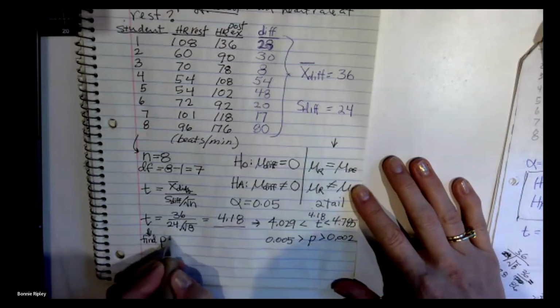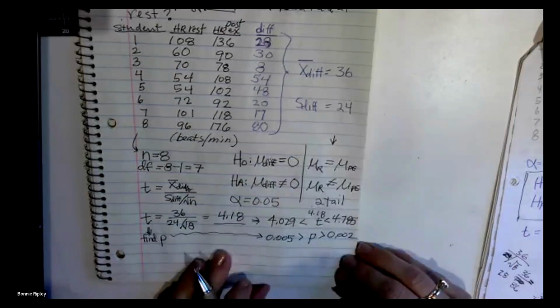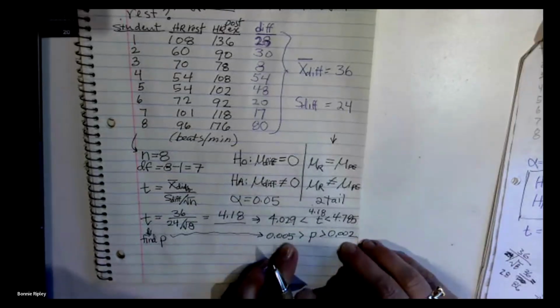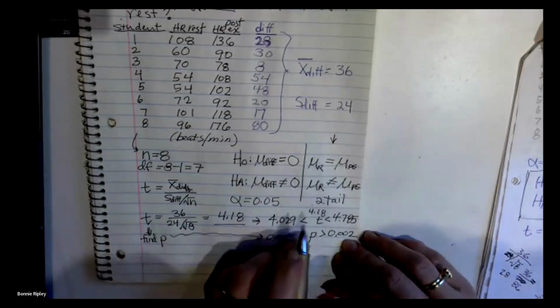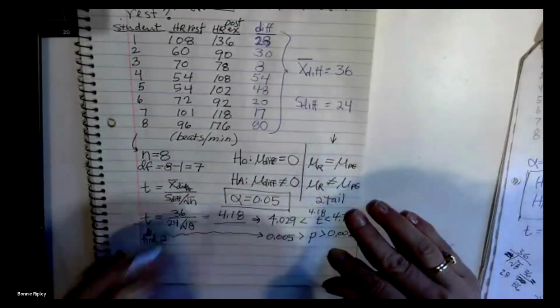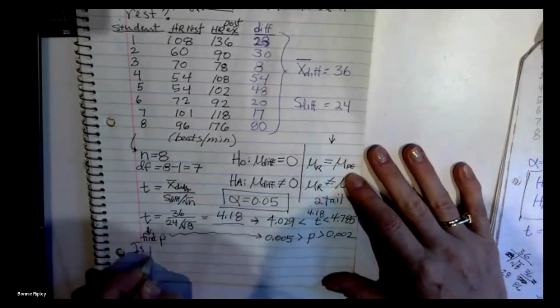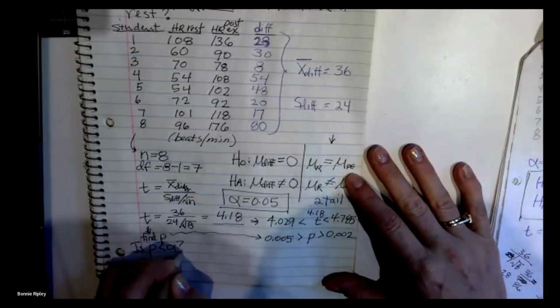All right, so this is our p-value. We can say that it's in between these two values, right? We've got an alpha of 0.05. The next step is to compare, is p less than alpha?